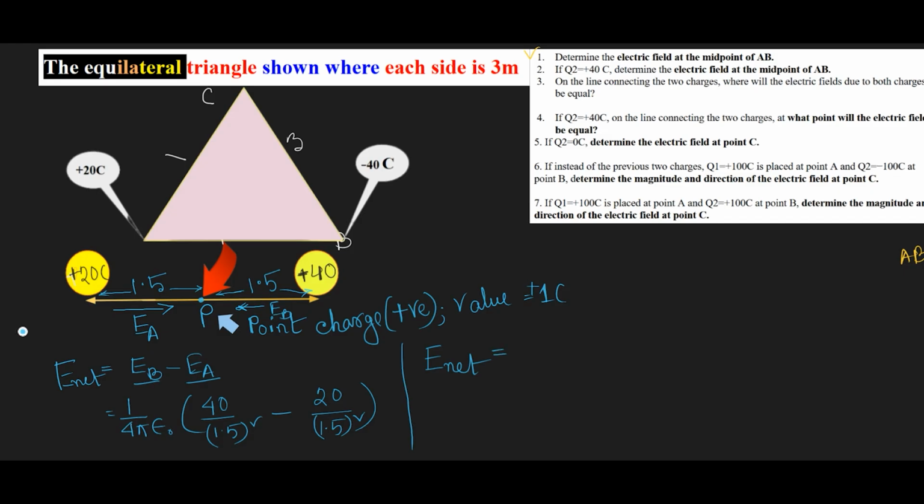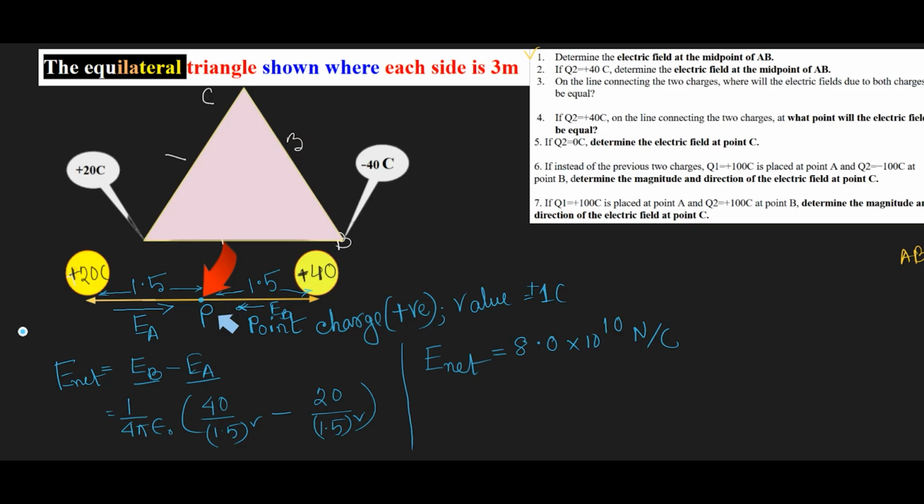So E net will be, after calculating the value, 8.0 into 10 to the power 10 Newton per Coulomb.